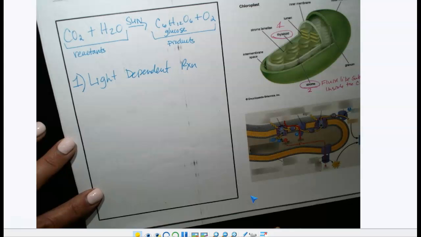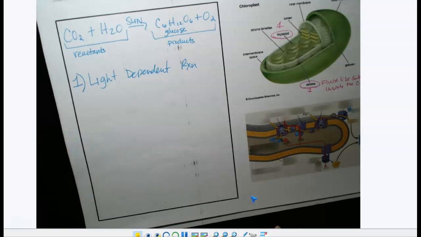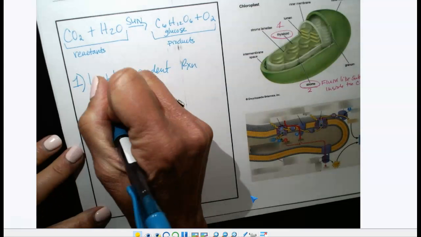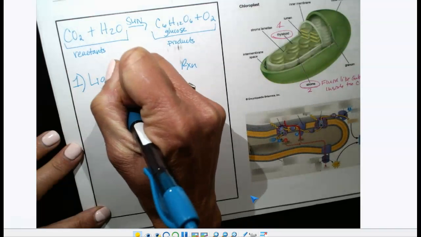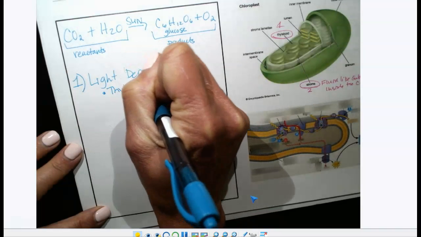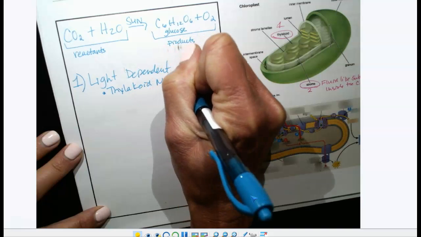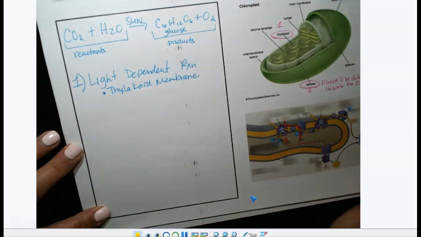So light dependent reaction. This means that light has to be present for this to happen. So if we don't have light, the light dependent reaction is not going to happen. The light dependent reaction is going to happen in the thylakoid membrane. Of course, light is necessary.